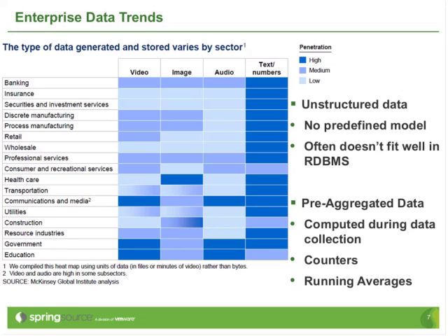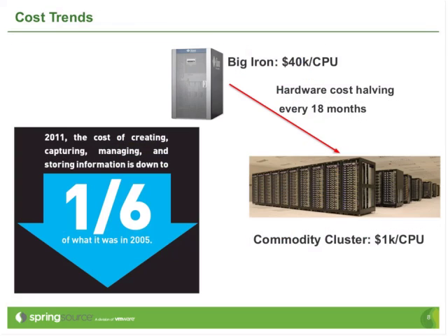So there is no predefined model, and definitely not one that fits into a relational database. We have pre-aggregated data usually stored with the raw data. So as the data is being collected, you can have all sorts of counters and aggregations being run, averages, some sort of indices typically. So when you look at the data, you have some sort of label, so it's very easy to go through it.